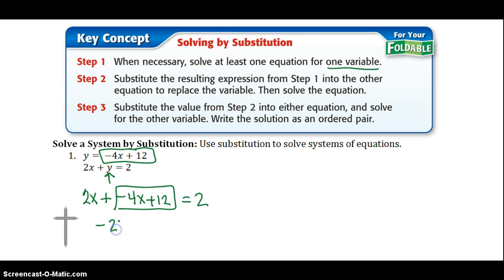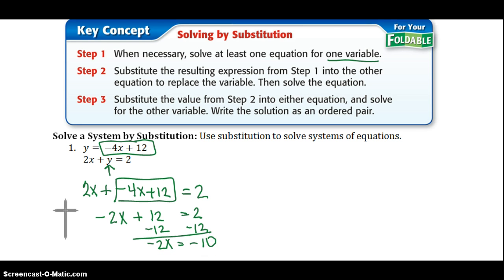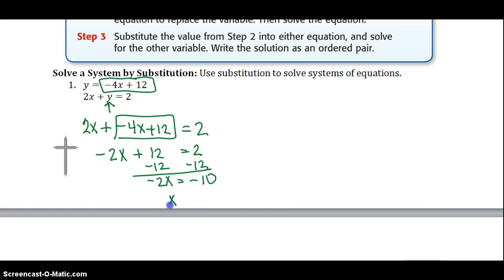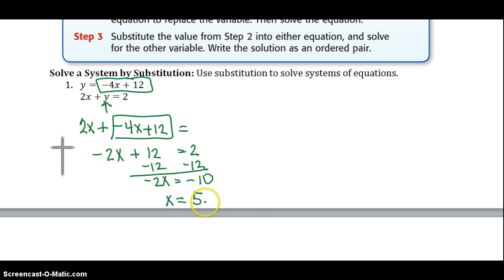I subtract and keep the sign of the larger absolute value. So it's going to be negative 2x plus 12 equals 2. Subtract 12, and negative 2x equals negative 10. So guess what? x is going to be 5, a positive 5, because a negative divided by a negative makes a positive 5.